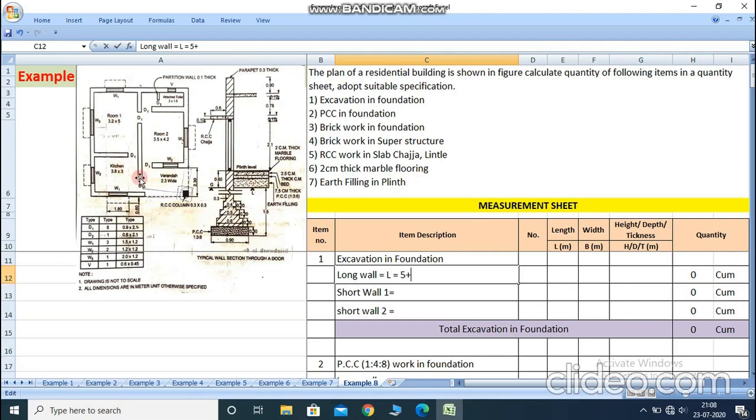So 5 plus 3 plus the wall thickness, the second wall and the third wall, so a total of 3 wall thicknesses, plus 0.3 for 3 times.